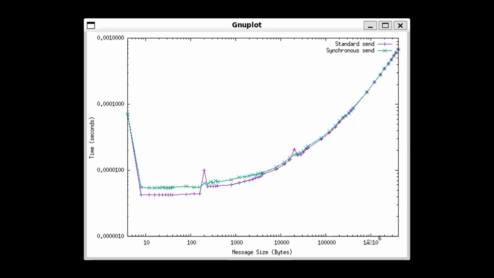There's an intermediate period where standard send is faster than synchronous because it can use the eager protocol, and at very large message size they become the same. So hopefully that was useful.